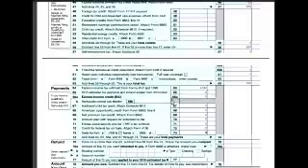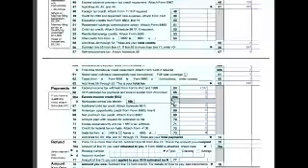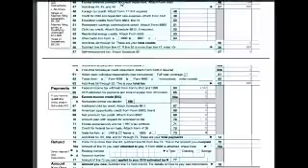Now, payments. Federal income tax withheld from the W2. That's the total federal income tax withheld. In this case, it's 2,780. Any other credit, like additional tax credit, if you have it, you put it. Otherwise, it's 0. American Opportunity Credit, that's the education credit. If you have it, you put it.